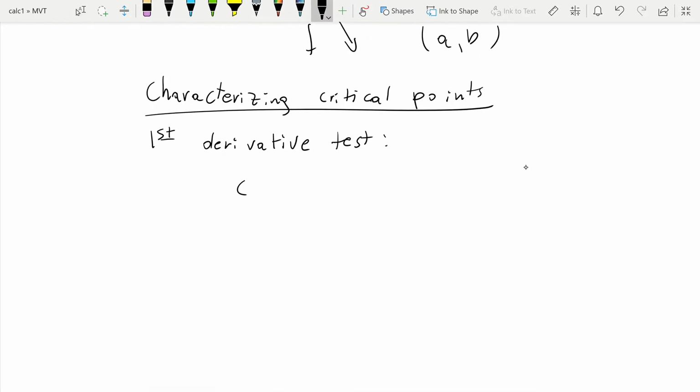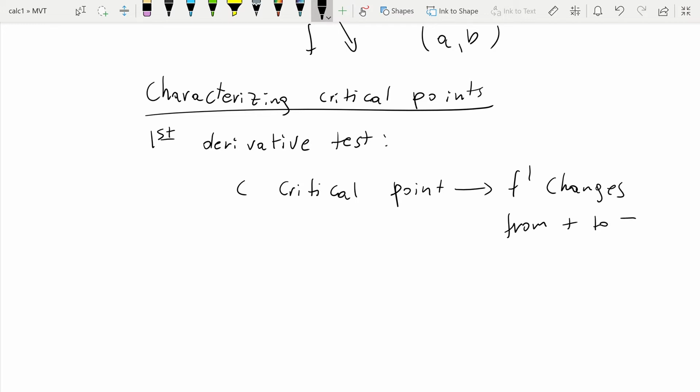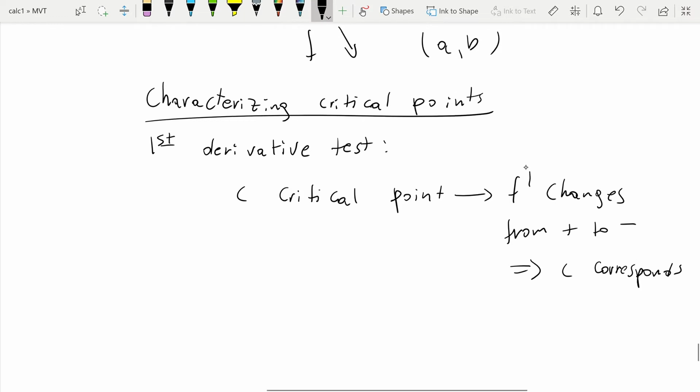If c is a critical point, then if f prime changes from plus to minus, then that c corresponds to a local max.